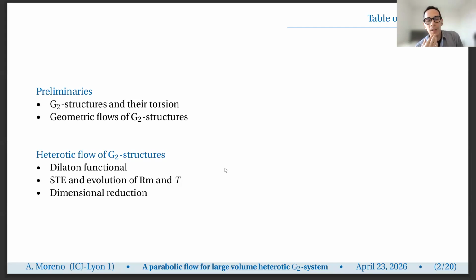Finally, I will also mention some analytic results related to questions of long time existence, and also an application of this flow to the dimensional reduction when the seven-manifold has an SU(3) symmetry.